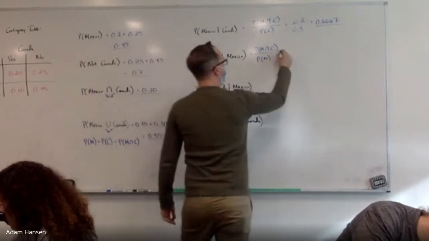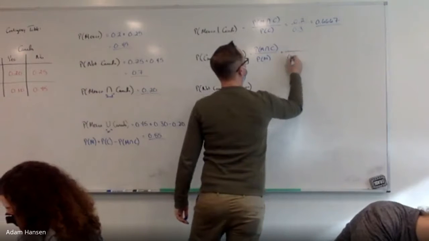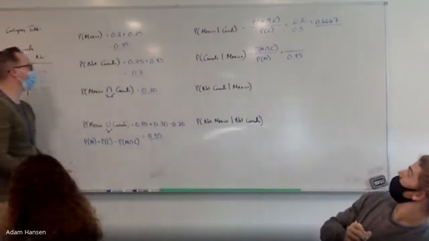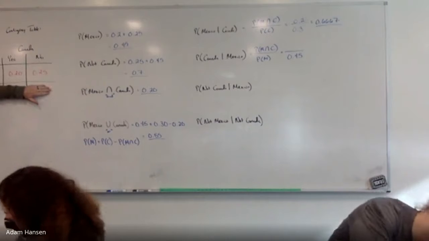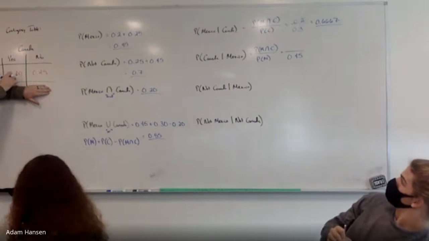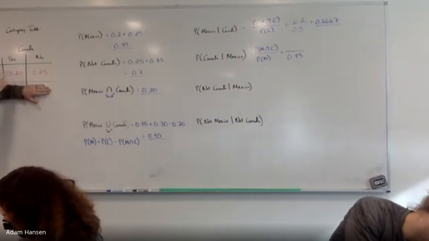Okay. I typically start by thinking, what do I have to divide by in these conditional probabilities? Out of that 45%, out of just looking at that top row, let's figure out what the rest of the probability ratio is. What percent has also been to Canada of those that have been to Mexico? The same 20%, right? Because these are the people that have been to both Mexico and Canada.